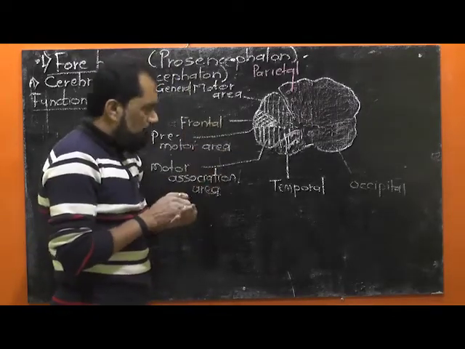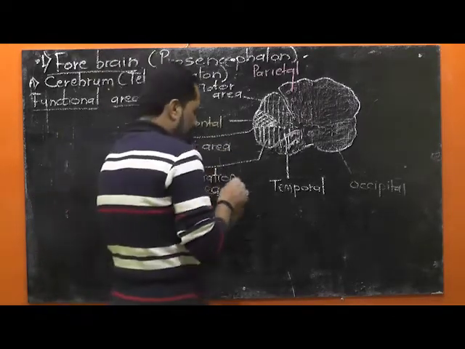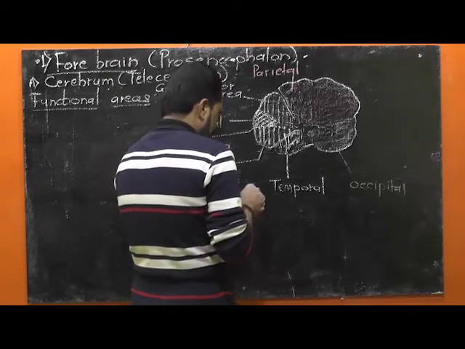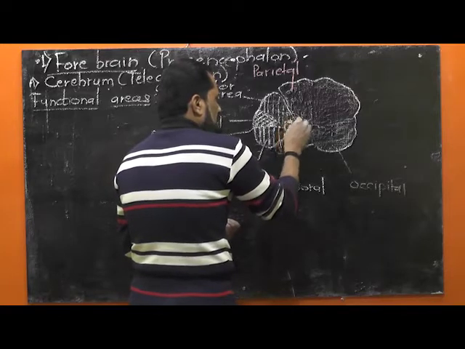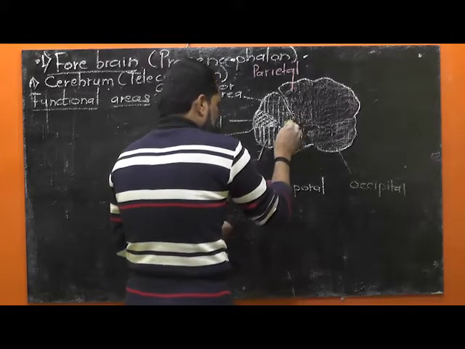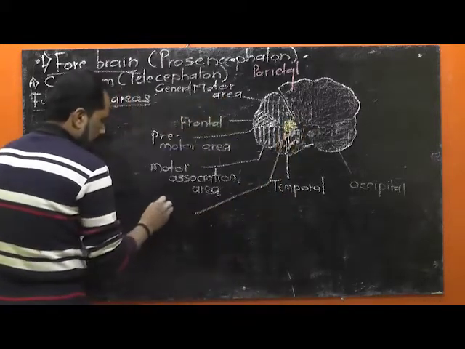The frontal lobe also shows presence of one important center, that is Broca's area. Let me show diagrammatically. Consider here is supposed to be the Broca's area.